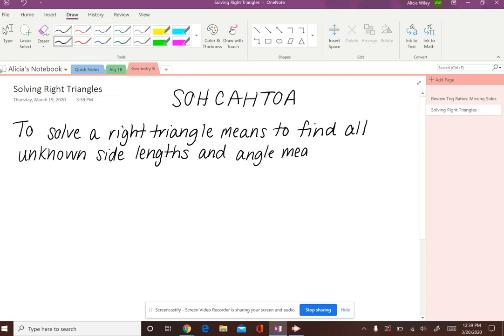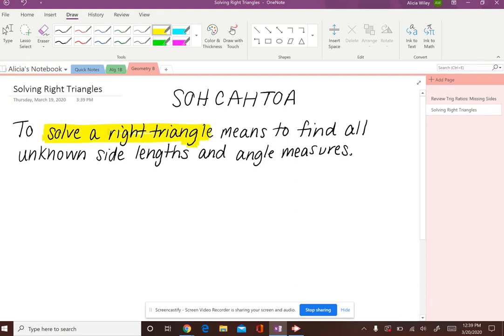So basically, our goal here is to find everything about this triangle. Every side length, every angle measurement, and that's what it means to solve a right triangle.